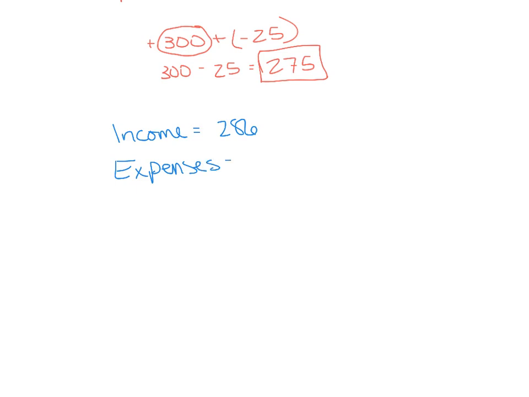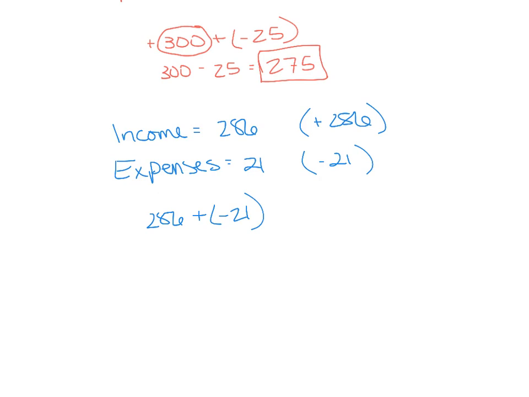So, remember, income is what you make, so that's positive $286. Expenses is what you're spending, so that's negative $21 because it's coming out of your pocket or out of the money you made. So, we have 286 plus negative 21.